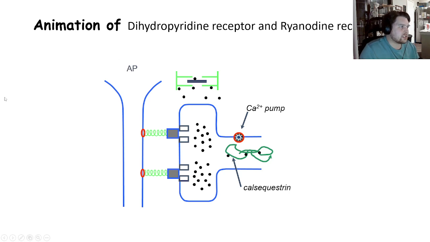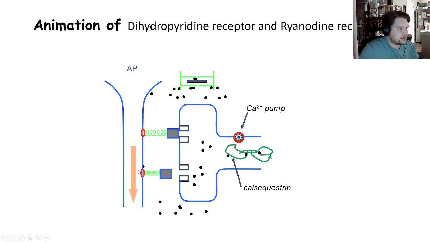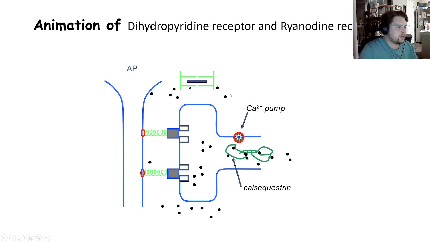So we have our action potential coming from along the sarcolemma over here, and coming down. And now the DHP senses it, and the ryanodine channel opens, and calcium pumps out. It continues down. This channel senses it, ryanodine opens, and calcium pumps out. And we have this calcium pump that's going to pump the calcium back from out here. This represents the sarcomere, which we'll look at in the next step right after this.